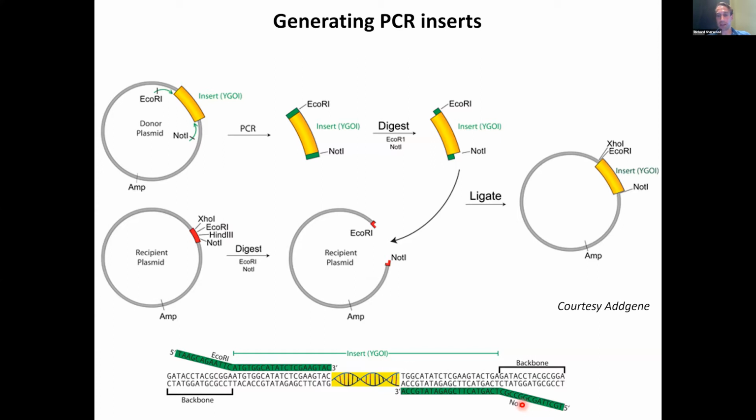What you're left with is a double-stranded fragment that has each of these restriction enzyme sites on the ends that you can then digest with the appropriate restriction enzymes and insert into the recipient plasmid. This gets around the need for these restriction enzyme sites to be on both the donor and recipient plasmid. Now, again, we don't use this technique either in our lab.